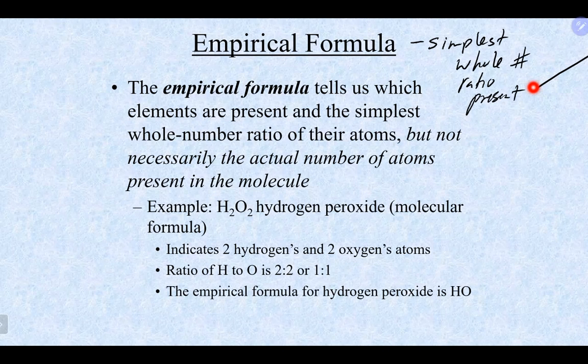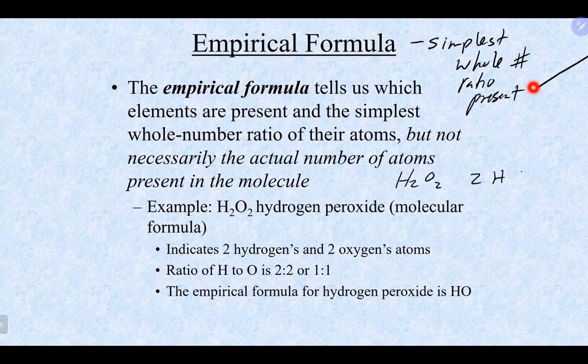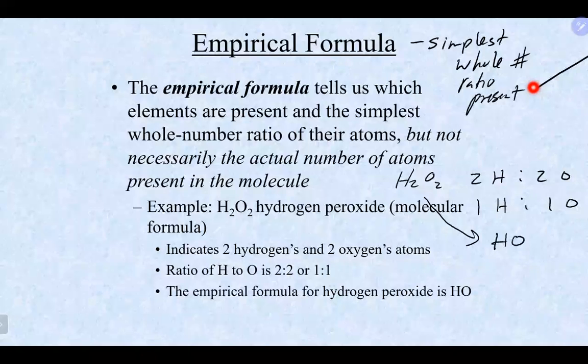For example, H2O2, which is hydrogen peroxide, has 2 hydrogens for every 2 oxygens. That is really the same thing as 1 hydrogen for every 1 oxygen, which means you could reduce this down to the empirical formula of HO.